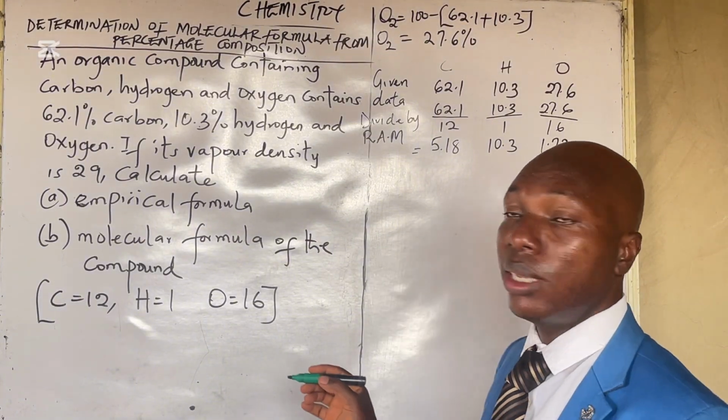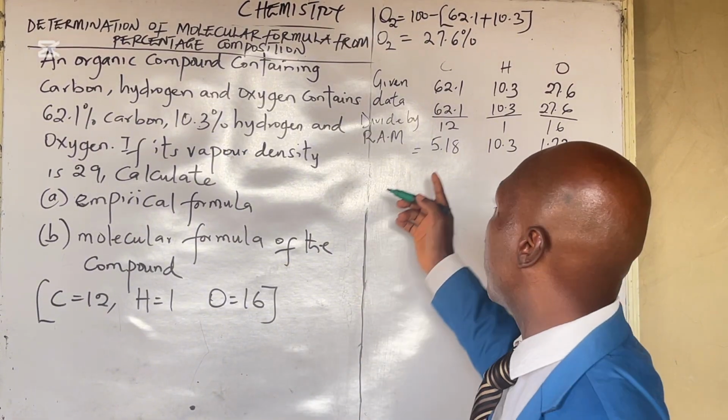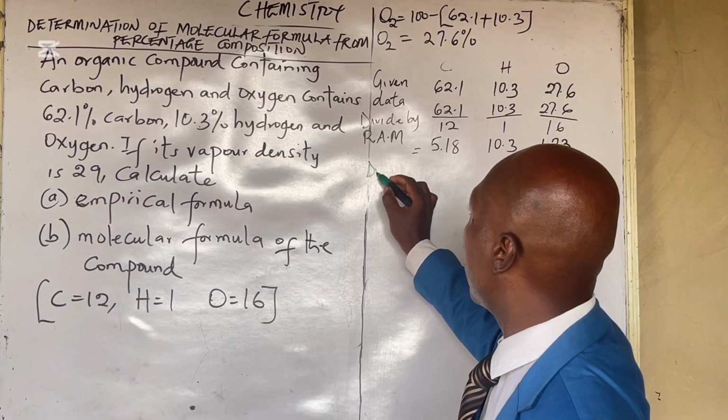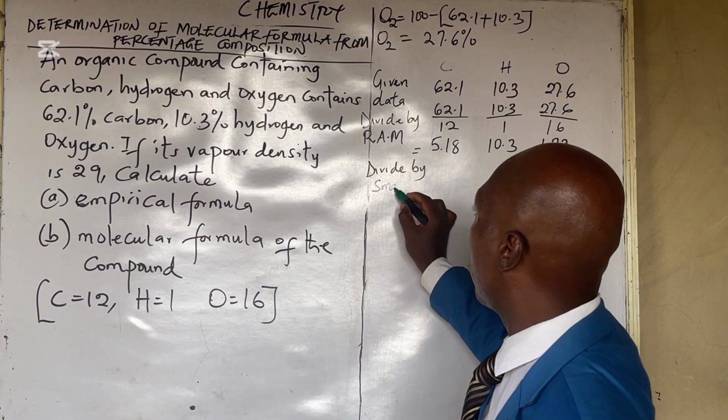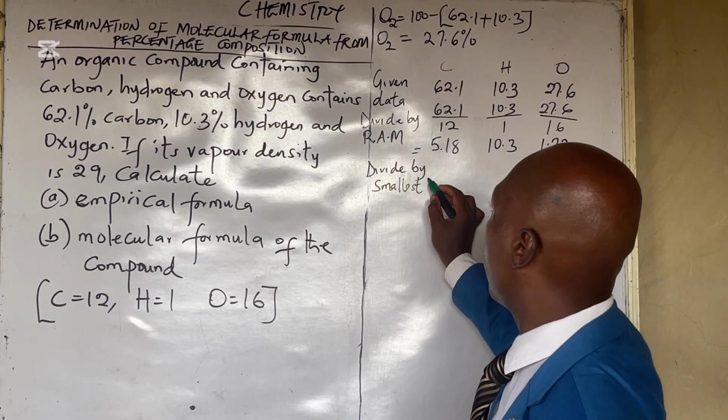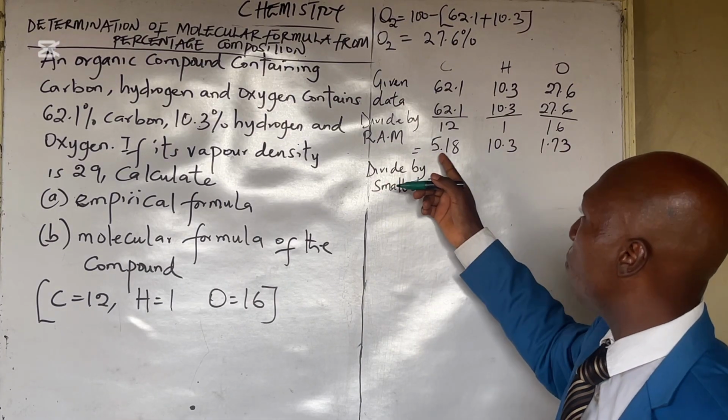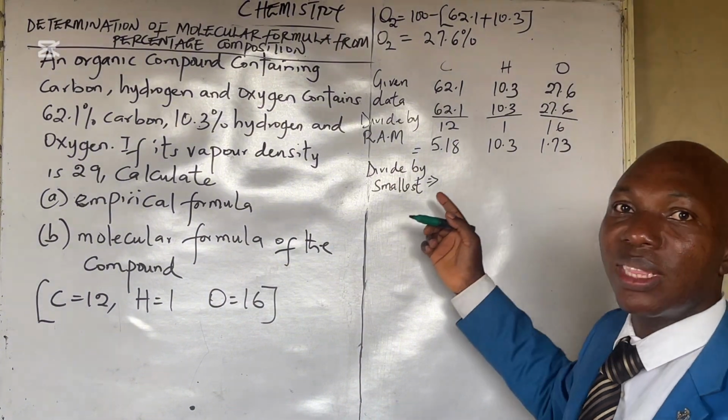So the next one is divide by the smallest. Out of these three, 1.73 is the smallest.